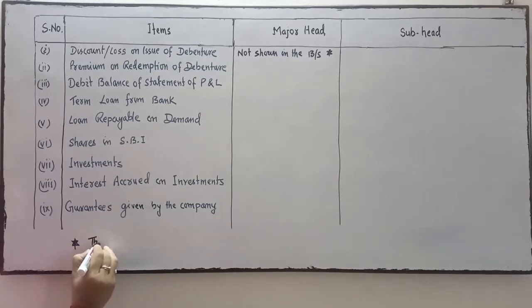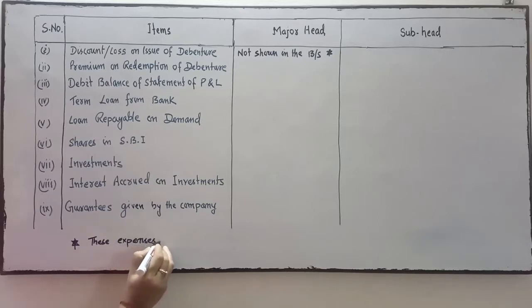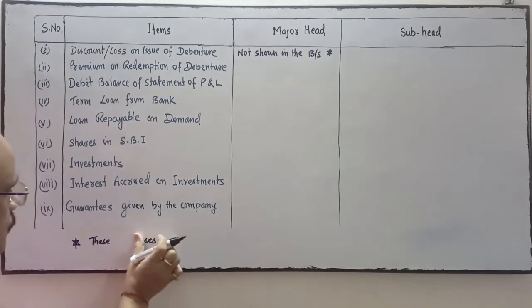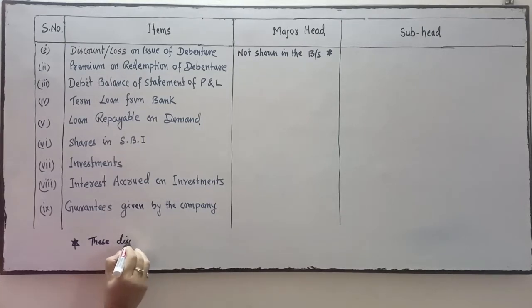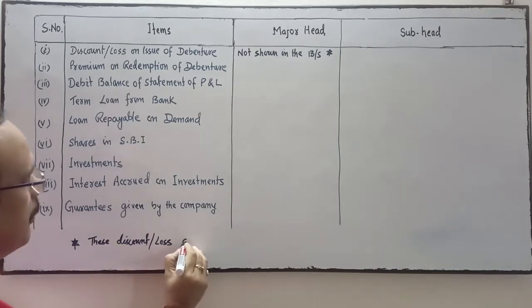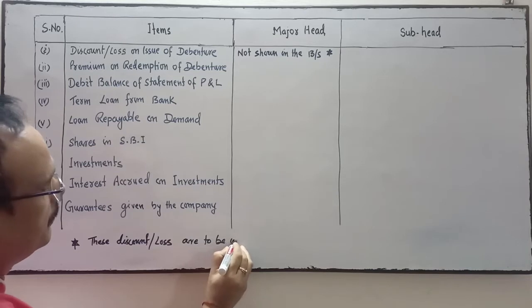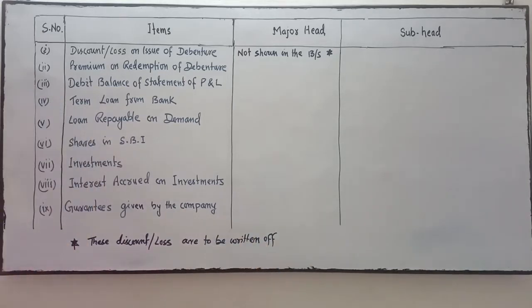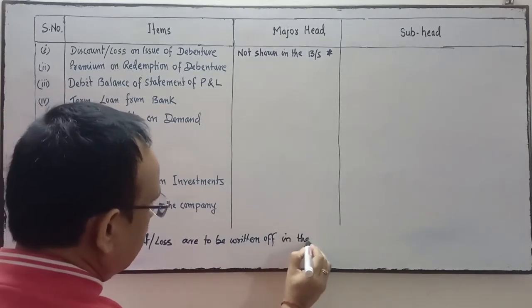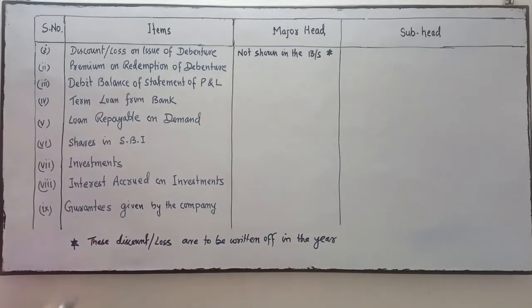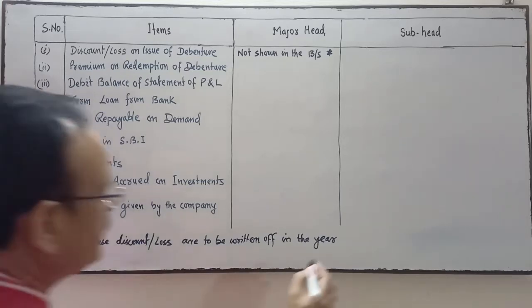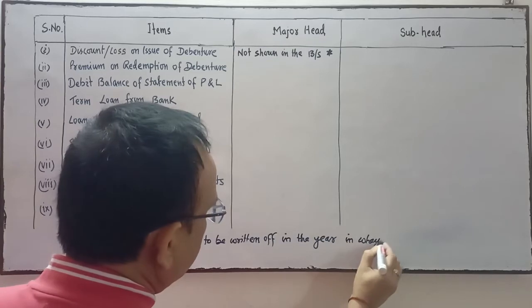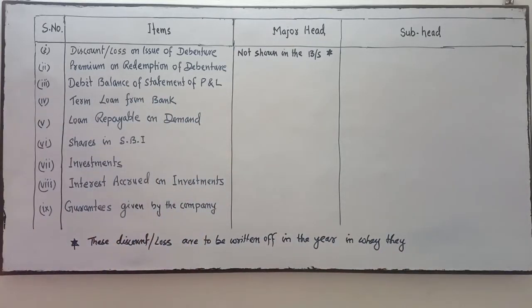These expenses, this discount or loss, are to be written off in the year in which they are incurred.